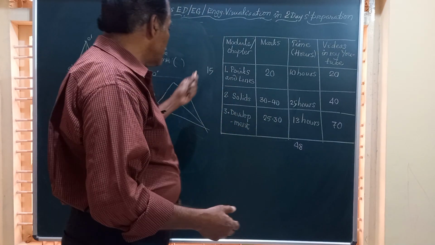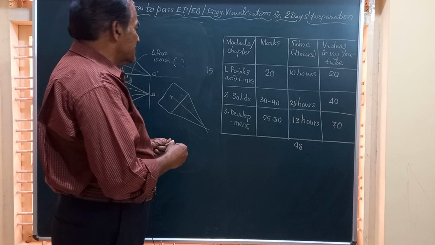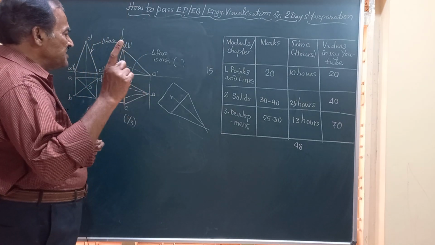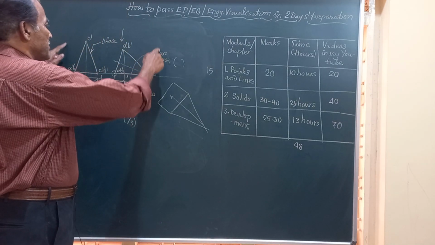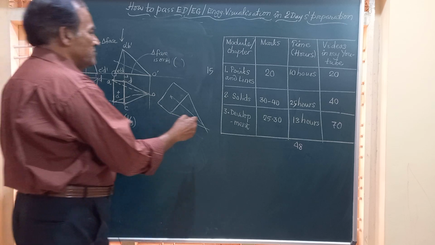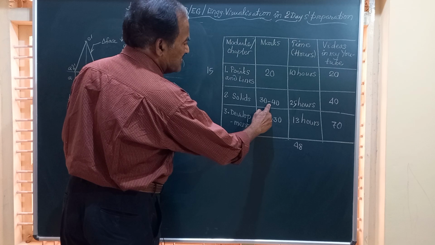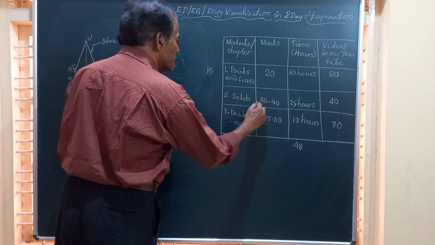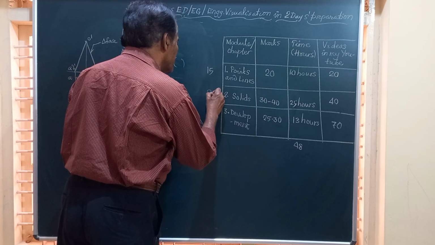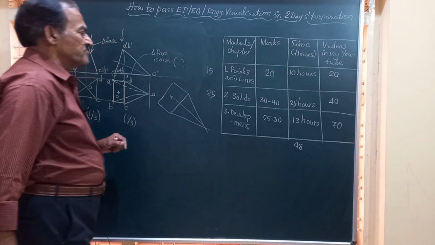Okay, so you have to prepare this very well. And friends, in the worst case, if you are able to solve this, you are going to get two-thirds of the total marks, two-thirds of this 30, minimum 25 marks you will get in the exam.